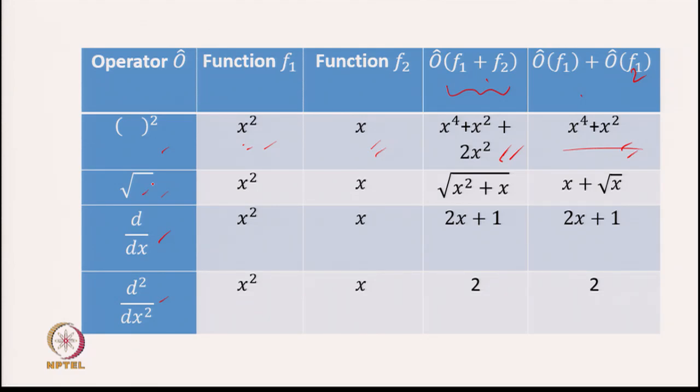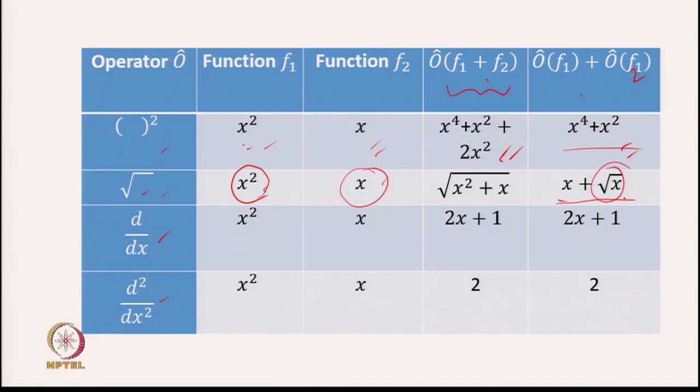Now, think about a square root, and the same functions we are taking, x square as function f1, x as function f2. Now, when you sum this and take the square root, what will you get? A square root of x square plus x. Now, when you take a square root of this x square, you will get x, and if you take a square root of this x, you will get root x.